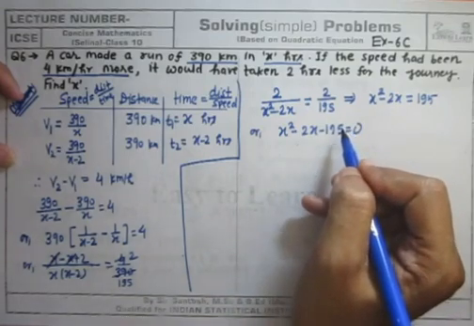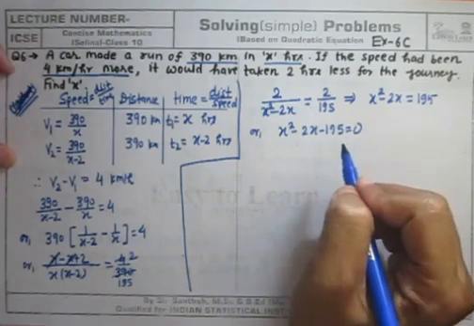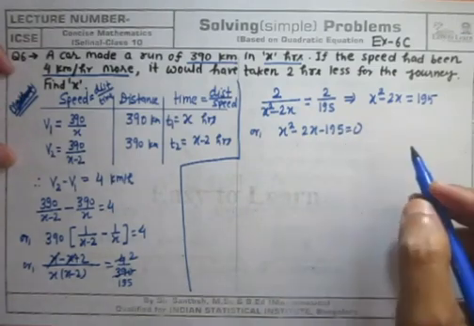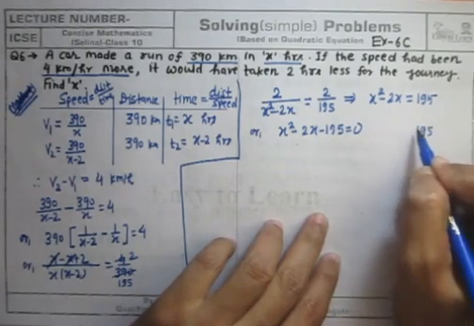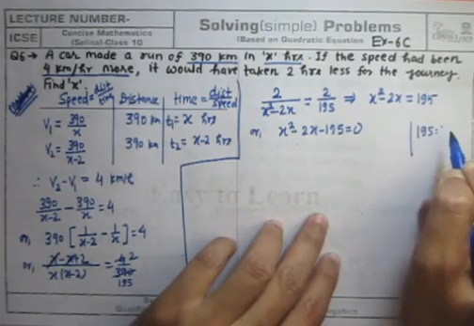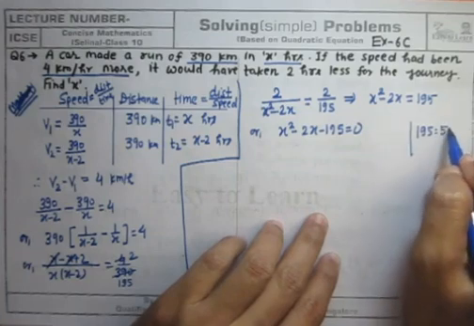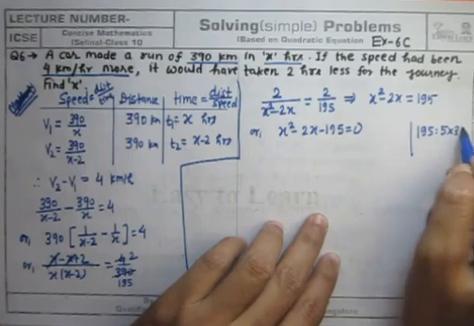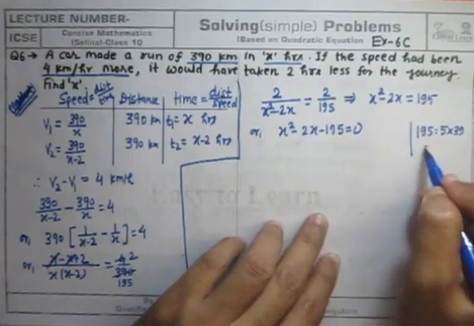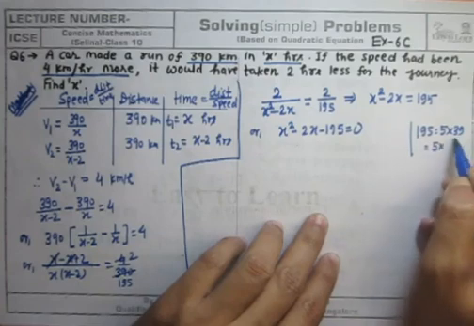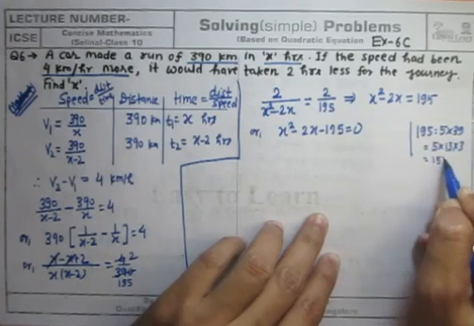Now you can solve this quadratic equation by any method as you wish. So let me solve. 195 can be written as 5 into 39, and 39 can be written as 13 into 3, so 15 into 13.